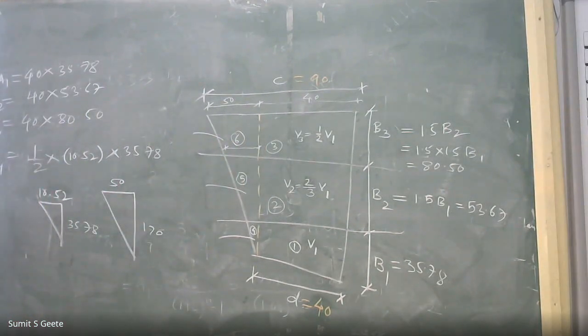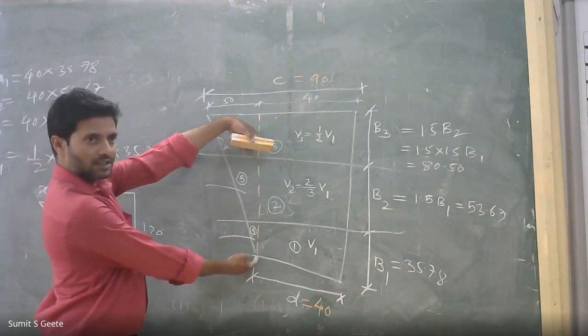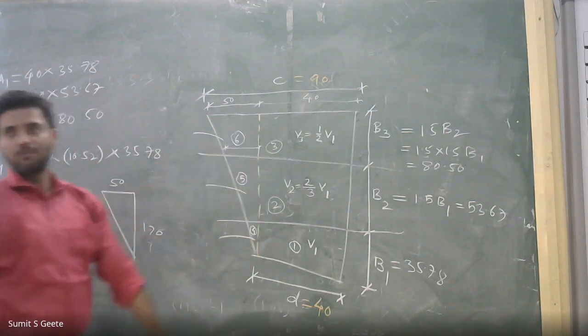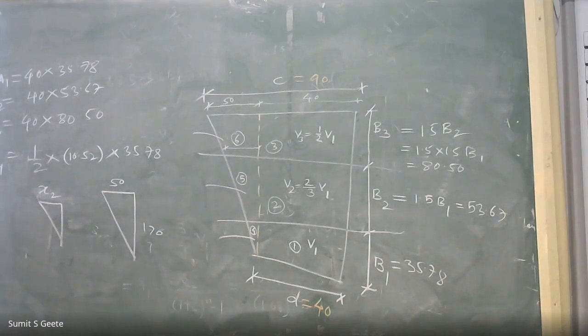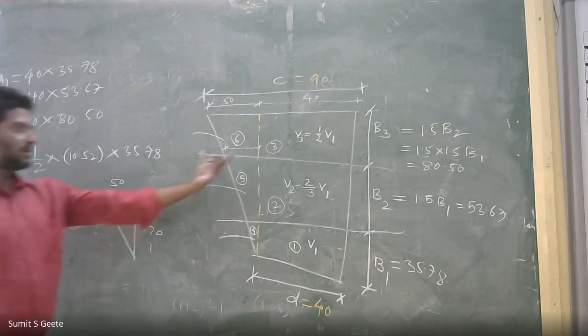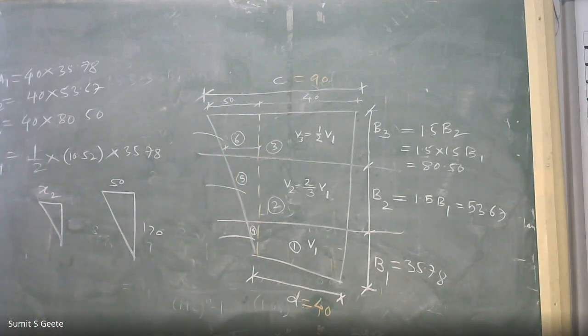Now to find out this distance, suppose this is x2. अब ये distance find out करते समय you are going to consider this distance. So it is 53.67 plus 35.78. कितना हो रहा है? 89.45.